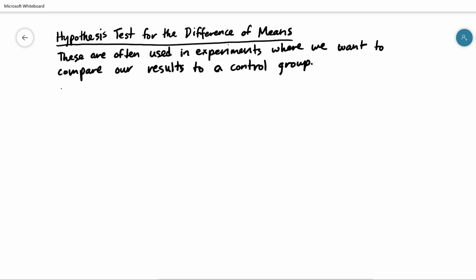To do something like this, we need a little bit of notation, but it's ultimately going to follow the same 6-step procedure that we've talked about before. So our notation is as follows. Before we were trying to make a decision or asking a question about one single mean, mu. But now we need to have two of them. So I'm going to label them mu1 and mu2. We have two different means.